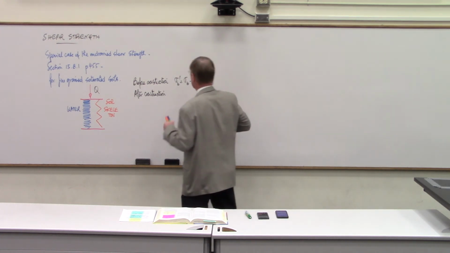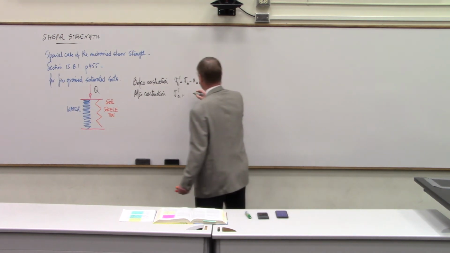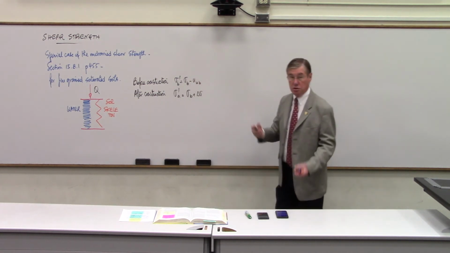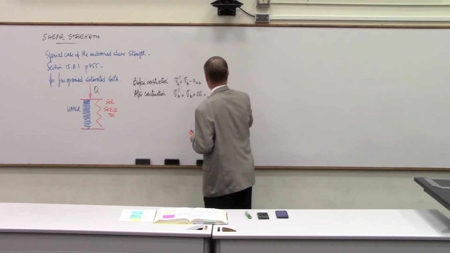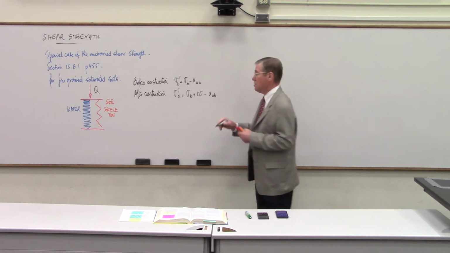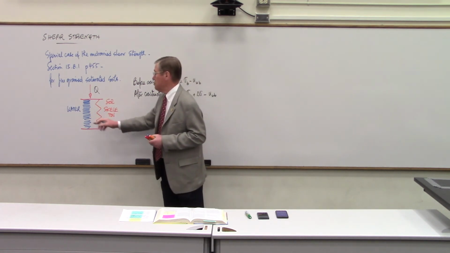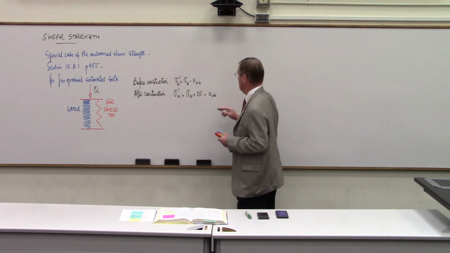So if the water carries the load, the effective stress after construction is going to be the total stress before plus the increase in stress due to construction, the increase in stress due to the building, minus the pore water pressure before, plus the increase in water pressure due to the construction. And because the blue spring is much stiffer, all the water pressure is going to be the one carrying the delta sigma.